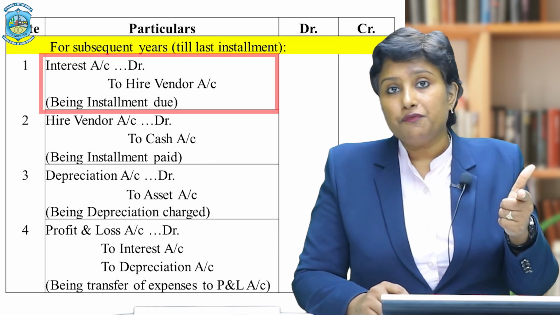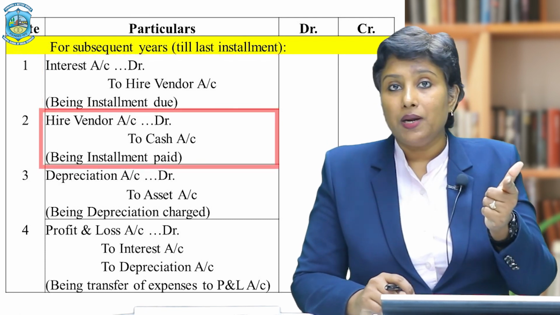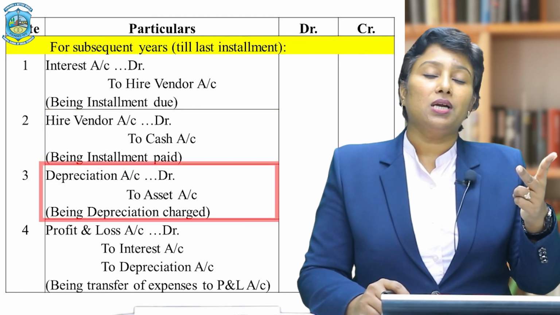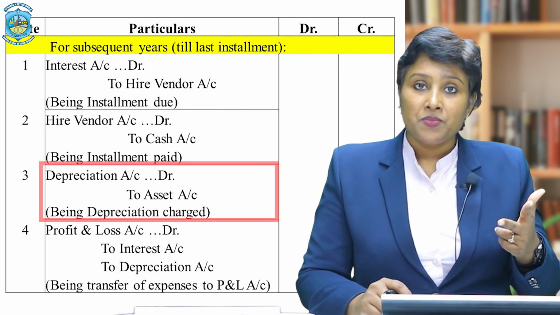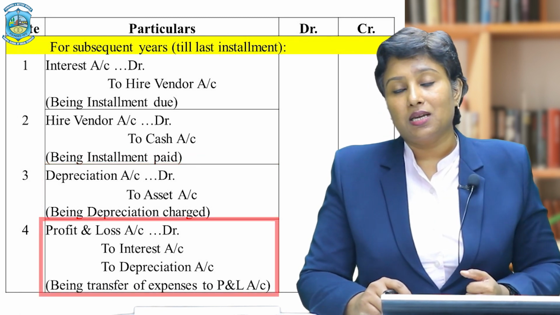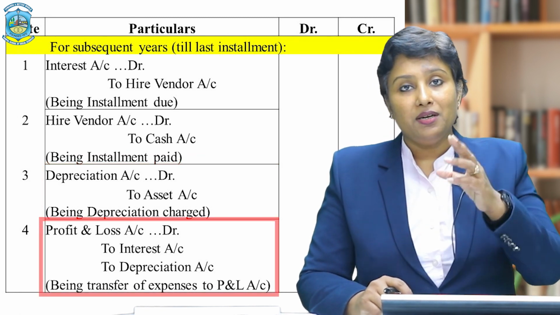For the payment of installment, hire vendor account debited to cash. To charge depreciation, depreciation account debited to asset, and to transfer the depreciation and interest to profit and loss account, that is profit and loss account debited to depreciation and interest. So these 4 entries only have to be passed for all the subsequent years henceforth till the last payment has been made and the property right has been transferred from the vendor to the purchaser.